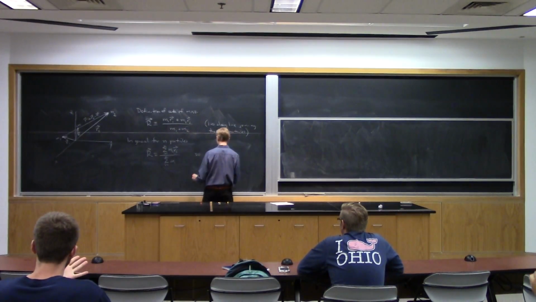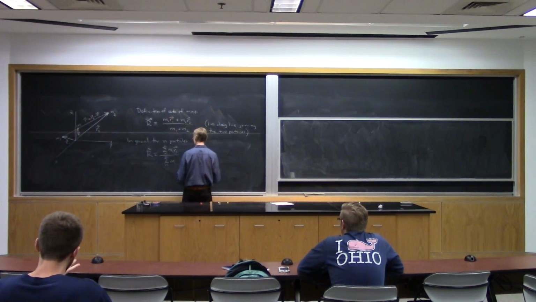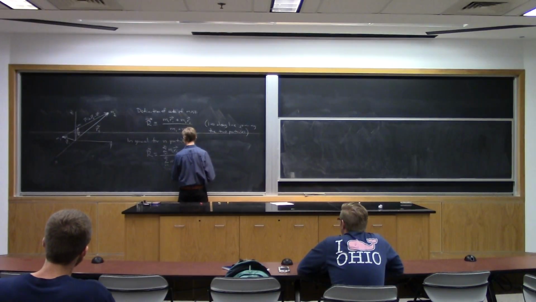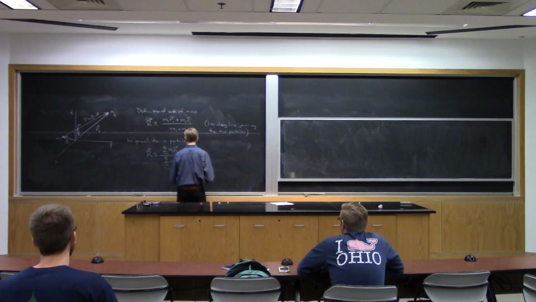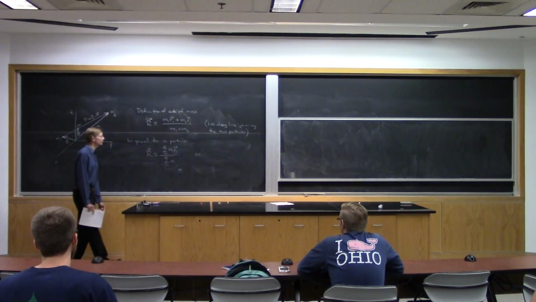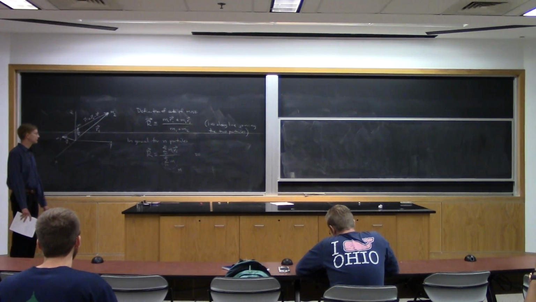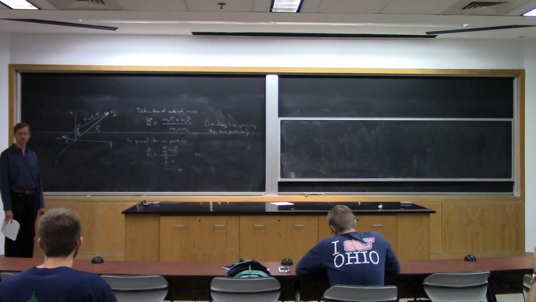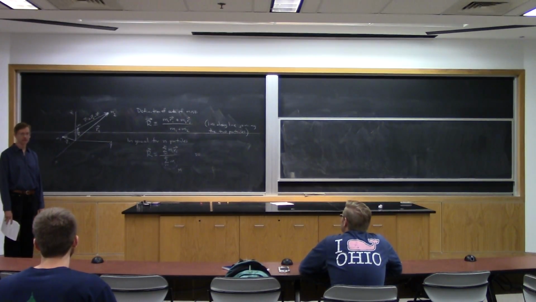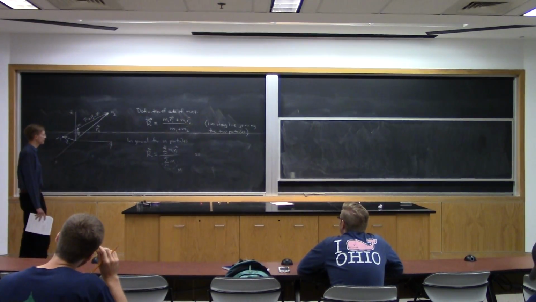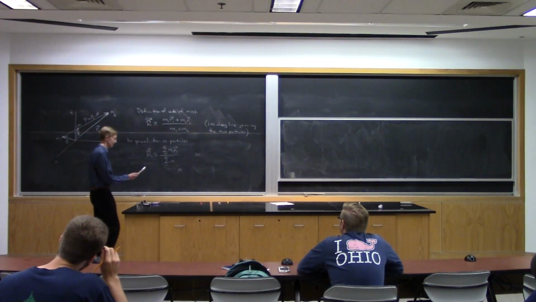Well, another way to put this is if you call the bottom there capital M, the total mass of the system. In classical mechanics, mass is additive. Remember, in relativity, it ain't. But in classical mechanics, mass is additive.